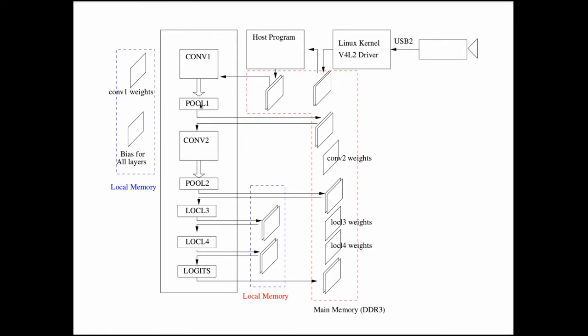Convolutional layers and pooling layers communicate through a channel, and for the rest of communications we pass through the memory because we couldn't do it otherwise.